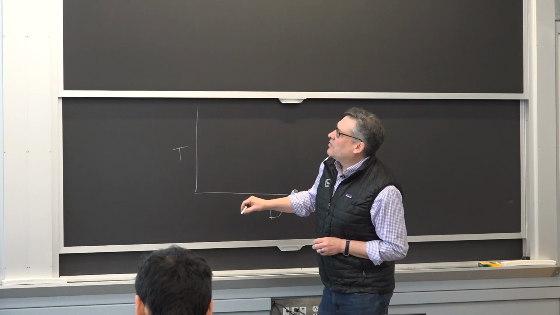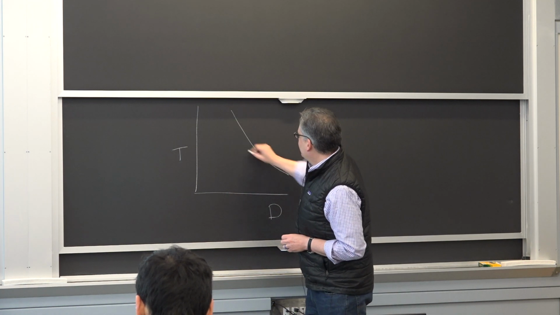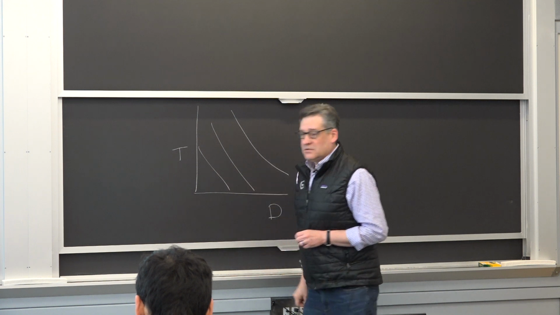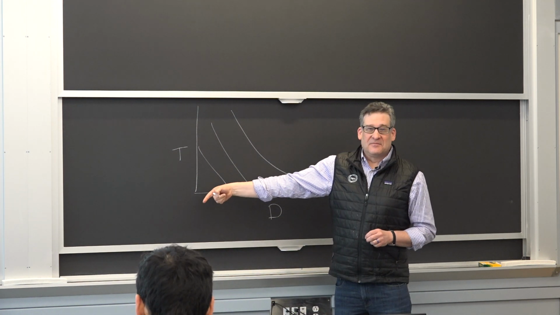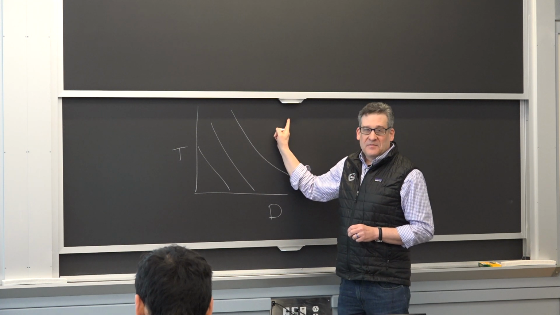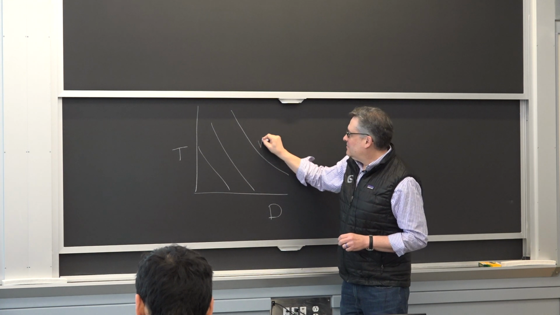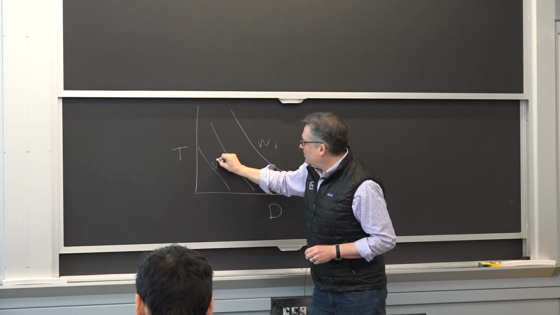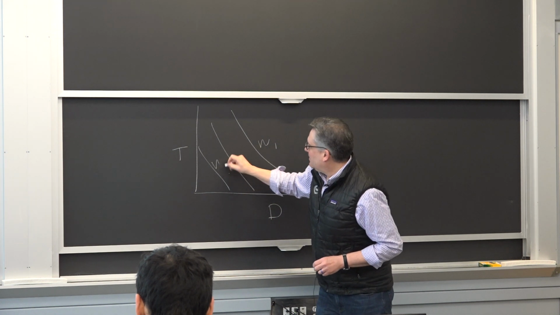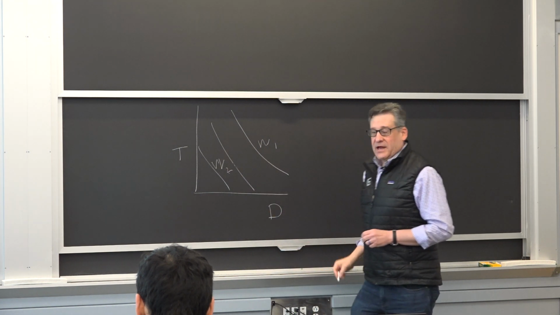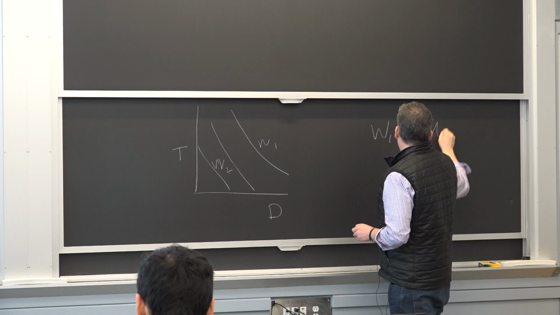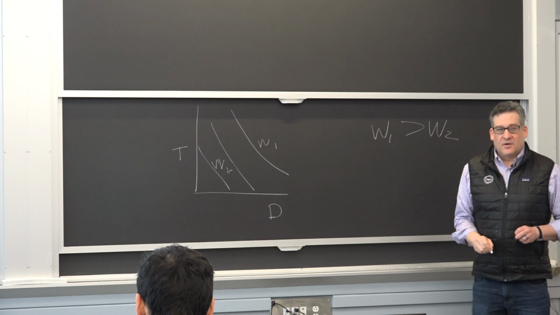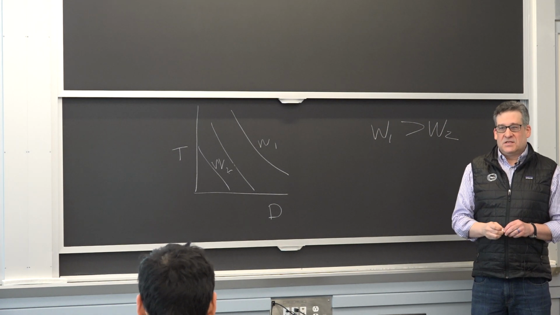I've done that, and they're labeled W here. Some weight contours, right? This is uphill, that's downhill. The further you go up this way, you're getting heavier. When you go down this way, you're getting lighter. W1 is greater than W2. So this is really straightforward.